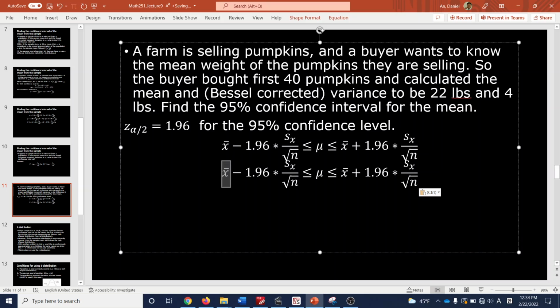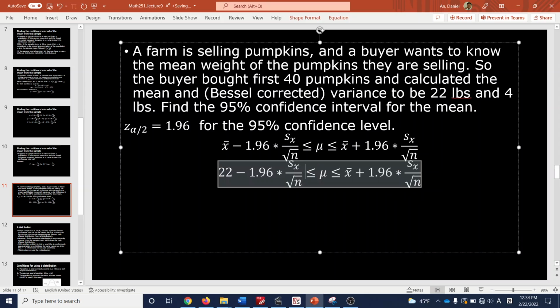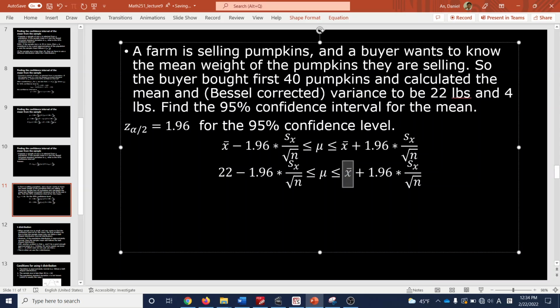That's the sample mean, right? What goes in here? 22. There goes 22. What about s x? 4. That's the sample standard deviation. And what about the square root of n? 40.